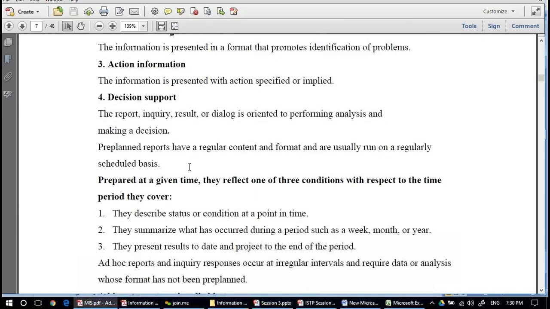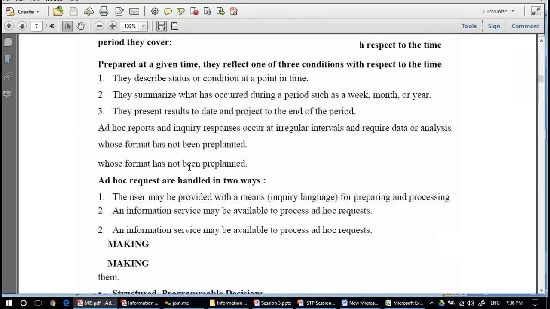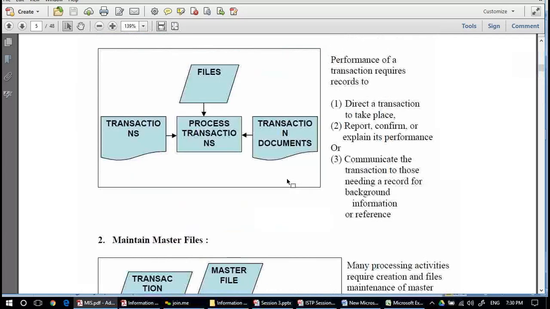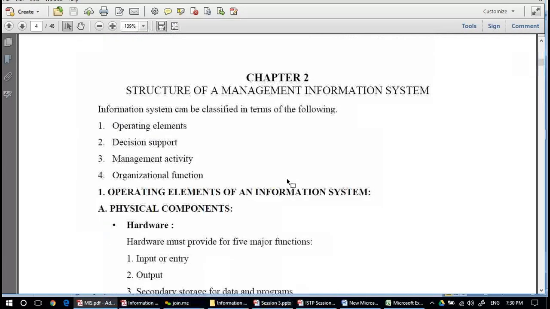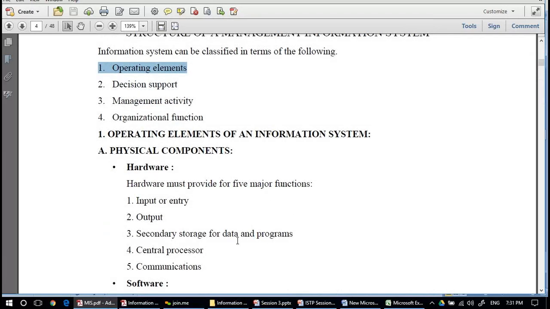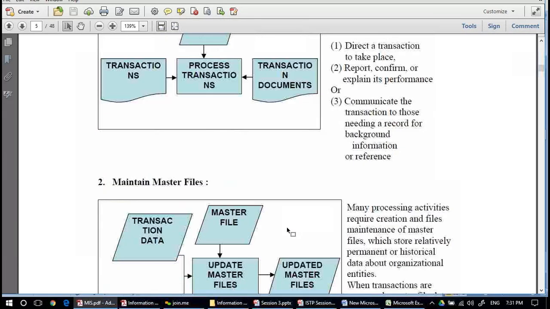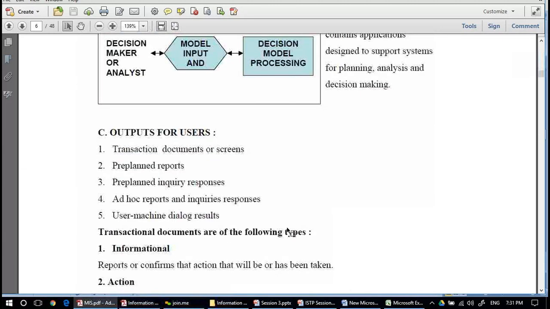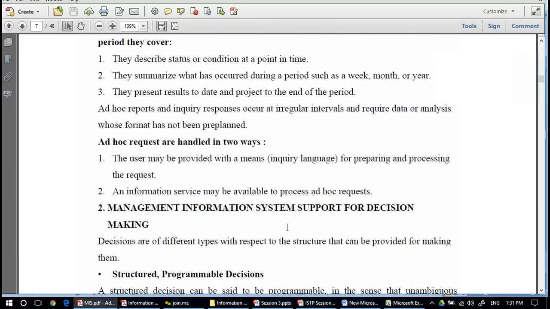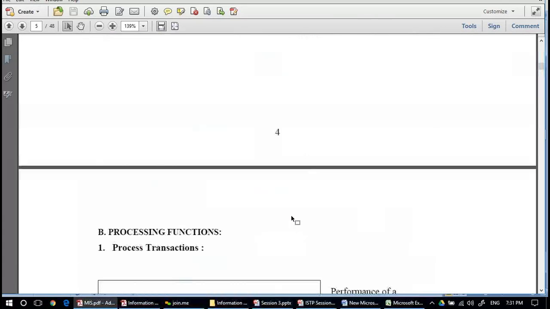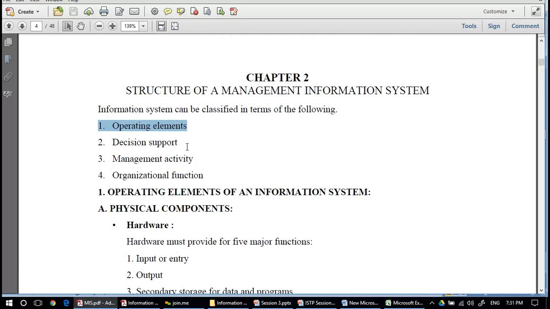So further they are described and explained in these lines. So overall, the structure according to the operating elements contains these elements, which are hardware, software, the processing functions, outputs and inputs, and related processes. So whichever applies, the structure of the information system varies.